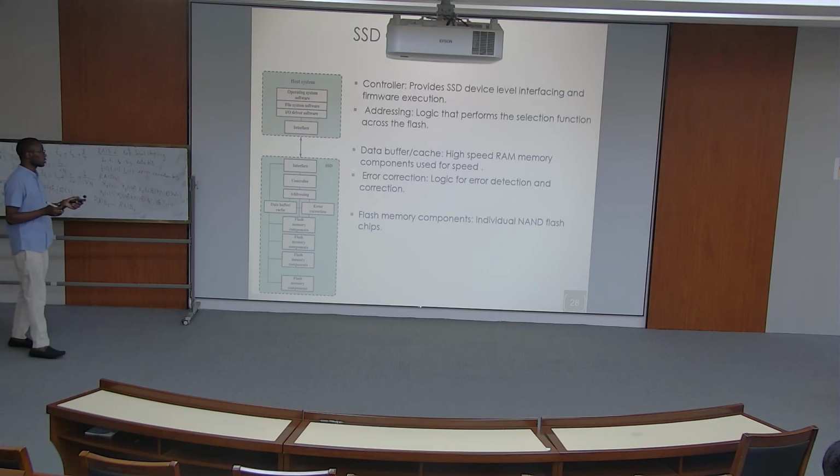Then we have the solid state, which includes the controller. The controller is there to provide the solid state interface to the host system. Then we have the addressing, which is there to perform the selection function across the flash. Then we have the data buffer that we also call cache. And here we also have the error correction module.